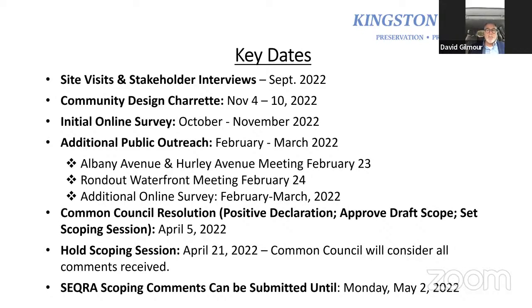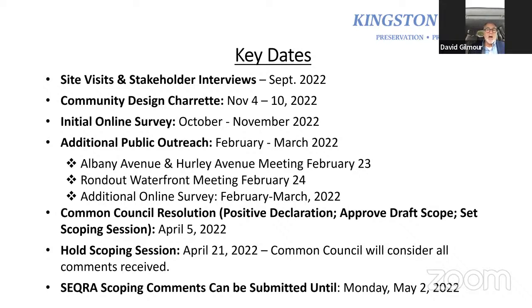So now we're at the point of, after the Common Council's positive declaration declaring that they wanted to have an environmental impact statement prepared, and the Common Council released this draft scope for public consideration.